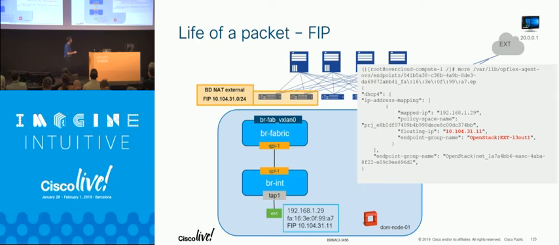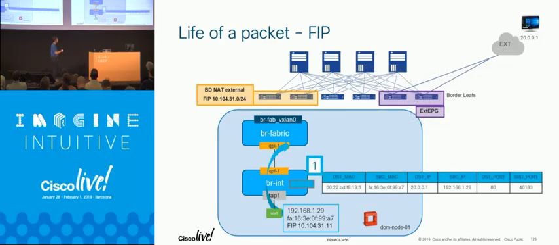Well, first of all, the endpoint file, you may remember that thing I showed you before, right? The endpoint file running in this host is telling already all the information I need to know. So the IP address of my VM, the name of the VM, the metadata, but as well the floating IP address that this machine should be using when it goes to the external world, and also the external network that I should be using, right?